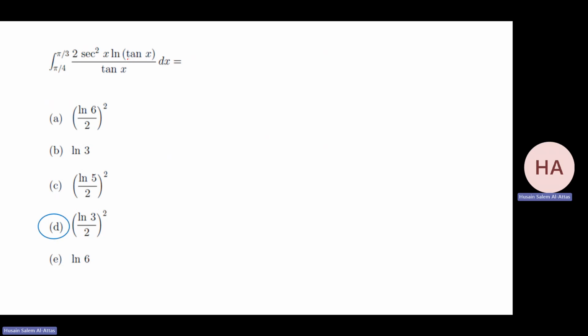I will take tan as u. Actually, there are two ways to do it. You can do it in 2 steps or in 1 step. I will show you. If I take u equal tan x, then du is secant squared x dx.